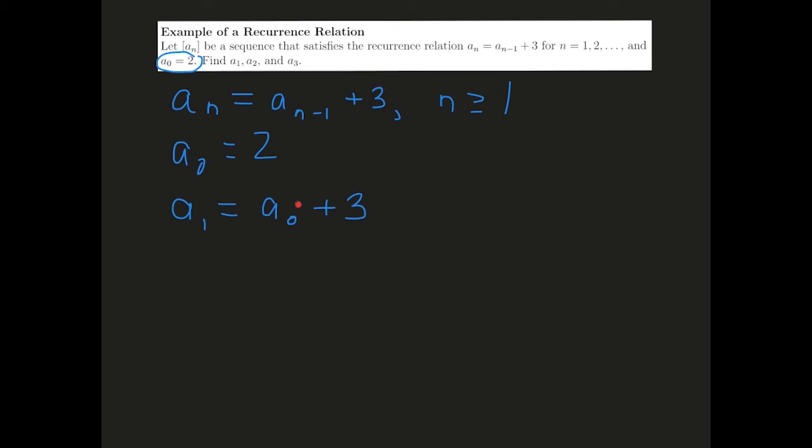So I use an index smaller than this one right here, which is going to give us a_0, which is 2, that was given, plus 3, so 5.